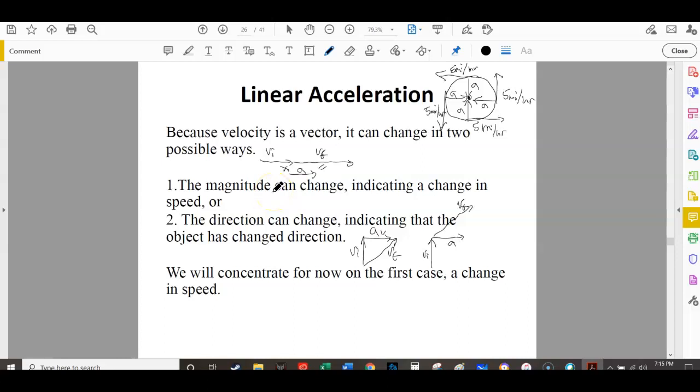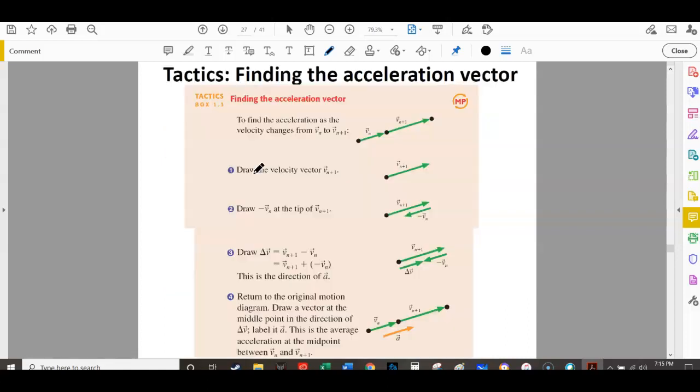So we're going to be taking these tools that we learned about vector addition and also those 4 equations of motion that we learned, and we're going to be using vector addition to create those equations of motion.